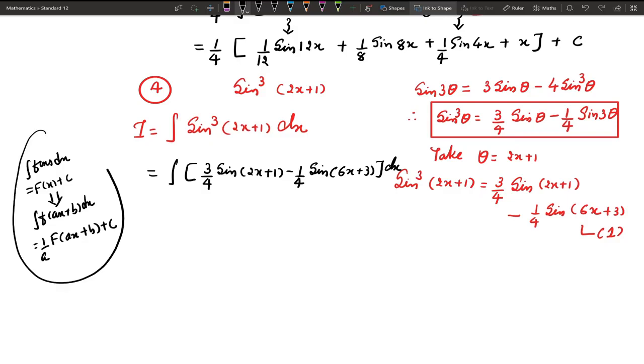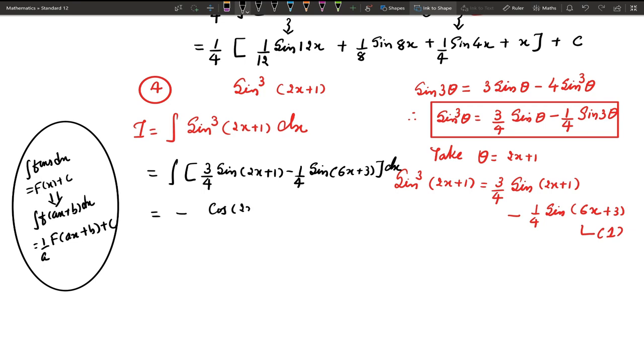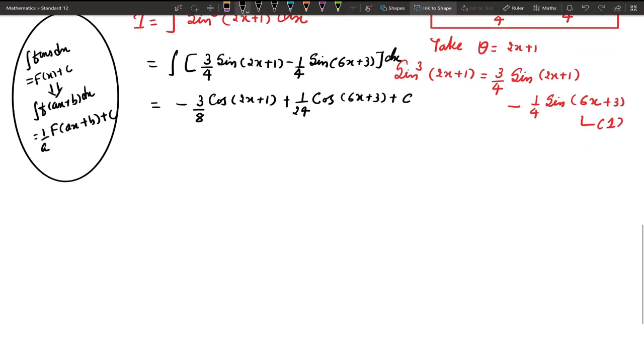So when we integrate, we will use this result. So integration of sine is minus cos (2x plus 1) upon 2. So 2 into 4, 8. Integration of sine, minus minus plus cos (6x plus 3) upon 6 into 4, 24, plus constant of integration.